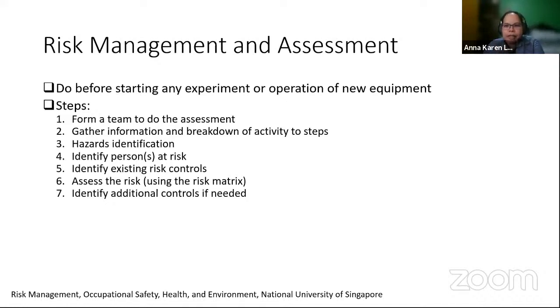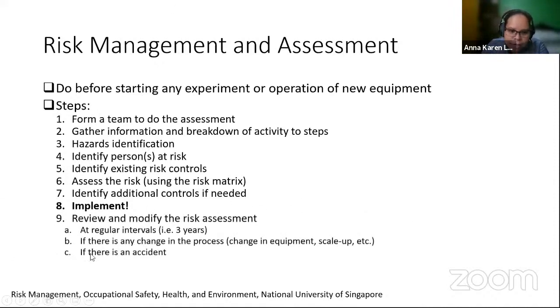If higher than that, it is required that you add additional risk controls. Again, number 8 is to implement. It is important to make sure that we implement the risk assessment, so it is not just a paper exercise, to ensure the safety of everyone involved in the experiment or the equipment.